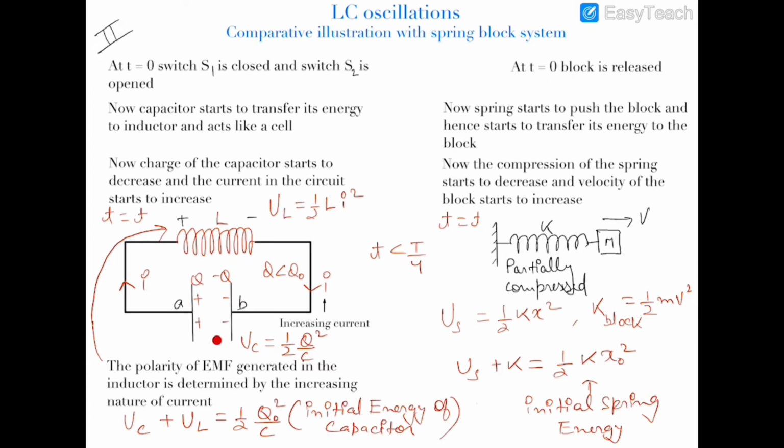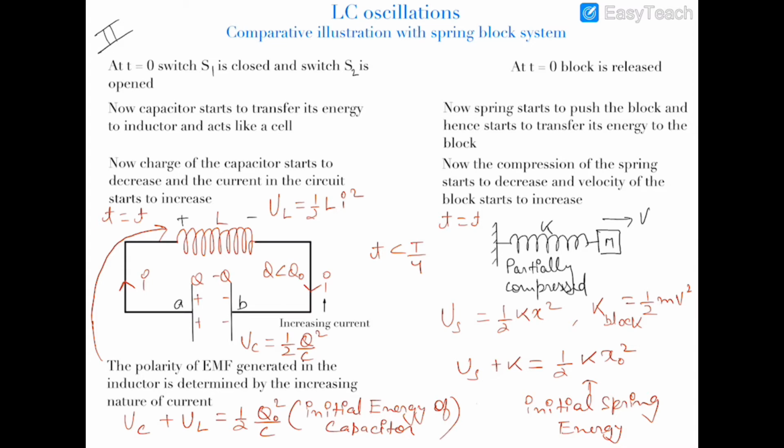Now as time will progress, this capacitor is transferring its energy to the inductor, and it is acting like a cell, and it is giving a current I, and as the time will progress the capacitor would be discharged and inductor would be charged.